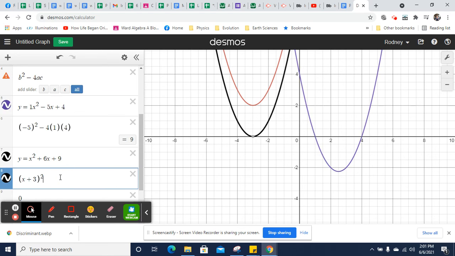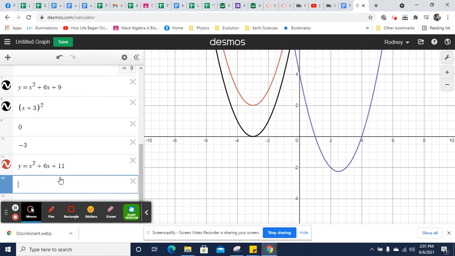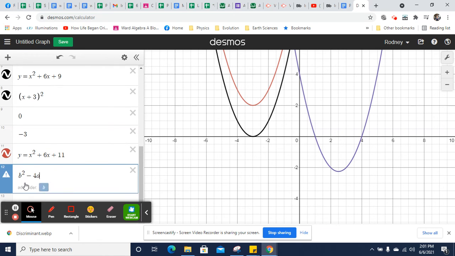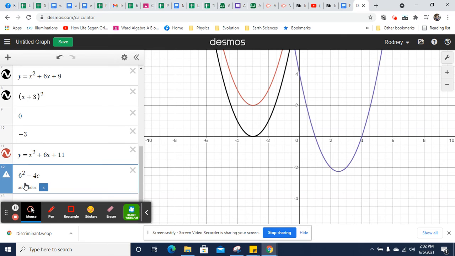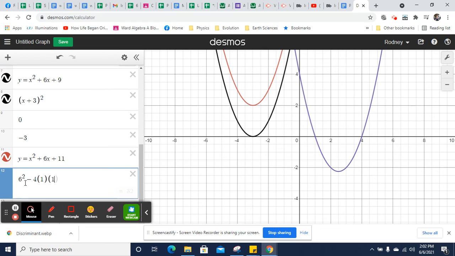Now, let's take a look at the third situation where my parabola doesn't touch the x-axis at all. And so I'm going to have b squared minus 4ac, and b was 6 squared, and a is 1, and c is 11.